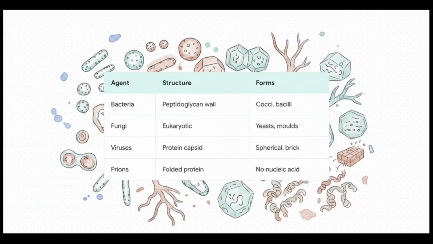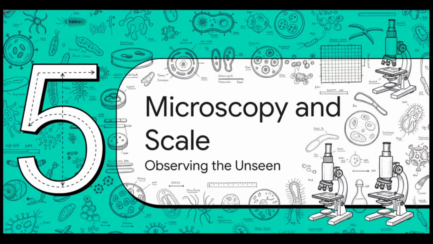Stepping entirely away from cellular life, viruses are completely acellular. They consist merely of DNA or RNA enclosed in a protein capsid and absolutely require a host cell to replicate. Finally, prions challenge the standard biological definition altogether. They are completely devoid of nucleic acid, consisting solely of abnormally folded proteins that are highly capable of devastating neural tissue.